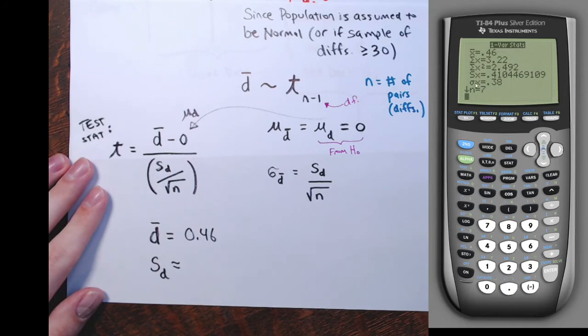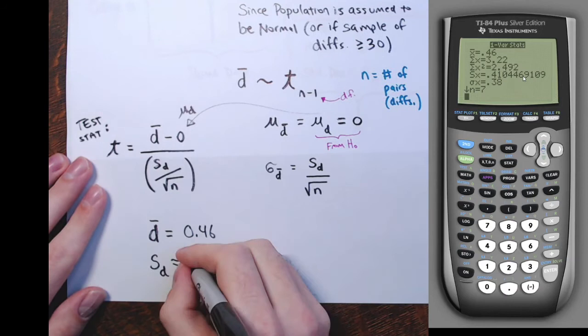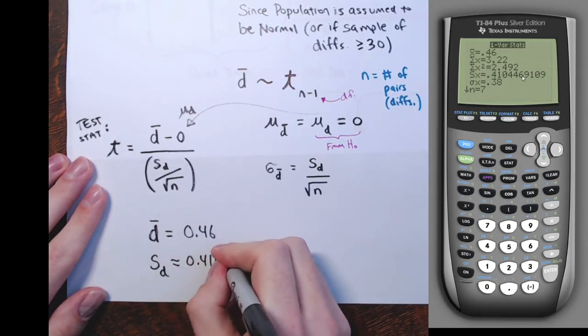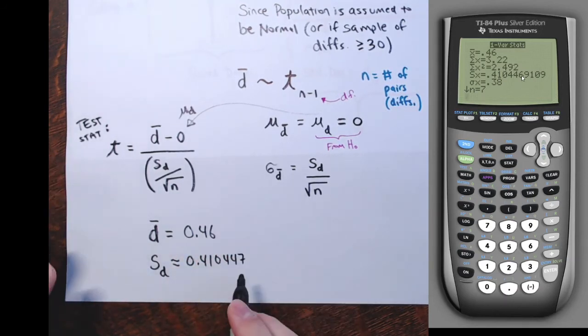I want SX, the sample standard deviation. 0.410447. And in fact, I'm not going to type this out. I'll show you how to use this SX as it is.